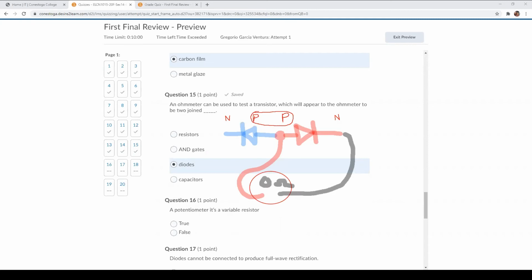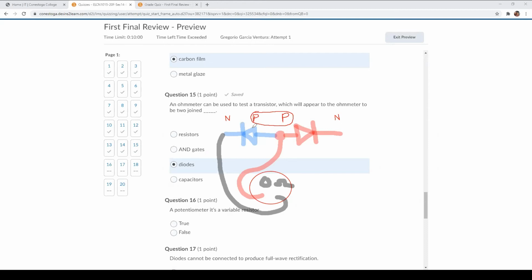On the flip side, if we wanted to measure the other side, we are going to connect the black lead to the other side of the transistor. Again, it's going to read continuity, and you will know that because it has continuity, that semiconductor junction is also good.